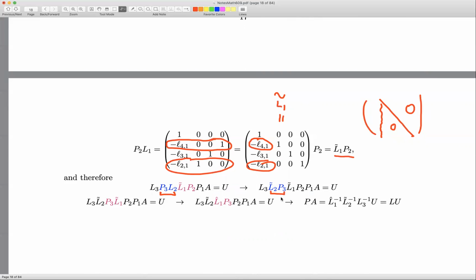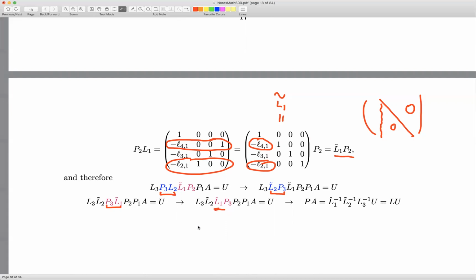And then we will have L3, L2 tilde, P3, L1 tilde. And now with P3, L1 tilde, we want to move P3 in front of P2. So P3 L1 tilde will be equal to L1 hat times P3.